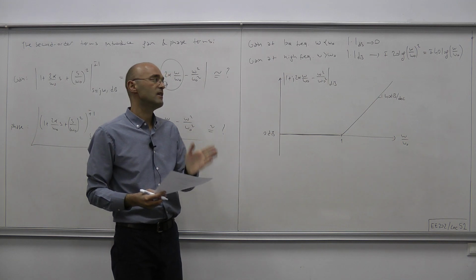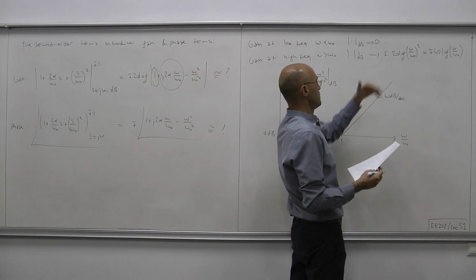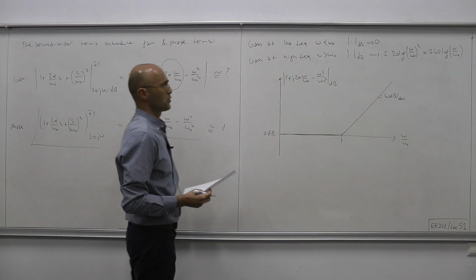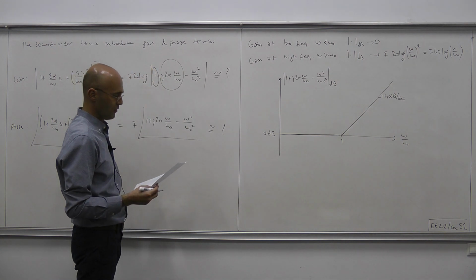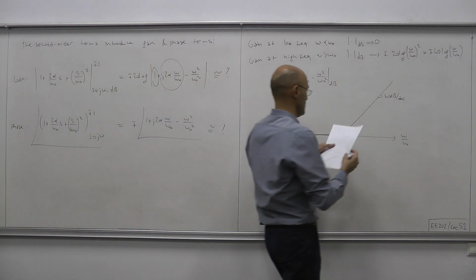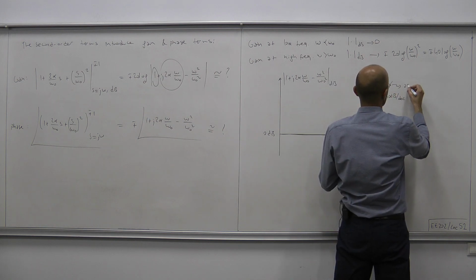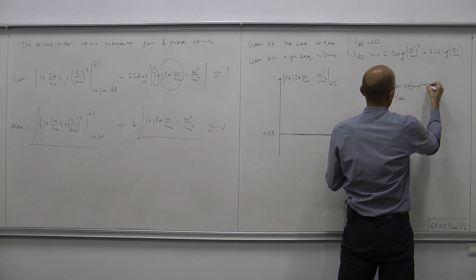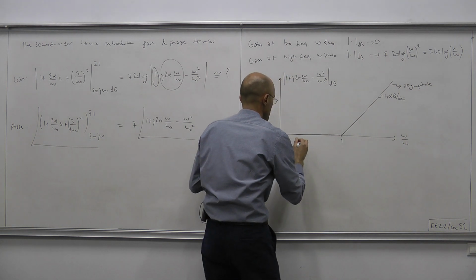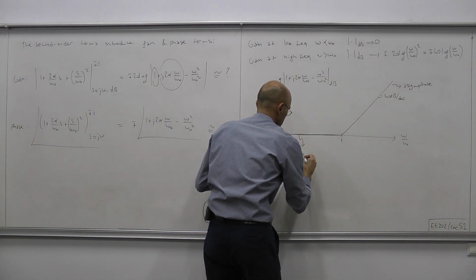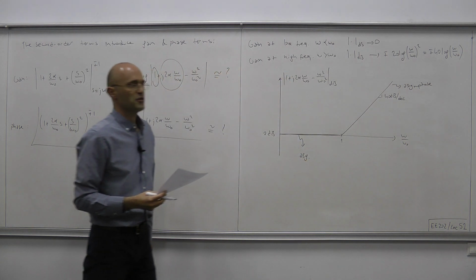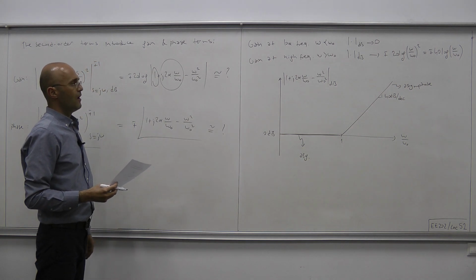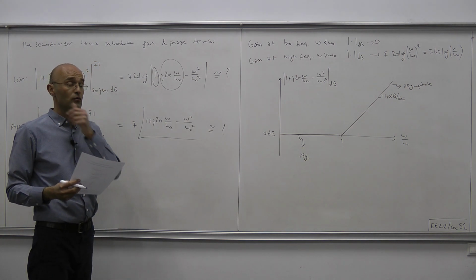So at every decade, you rise 40 dB. That's why the slope is 40 dB per decade. That's the high frequency asymptote, and this is the low frequency asymptote, and that's our approximation.